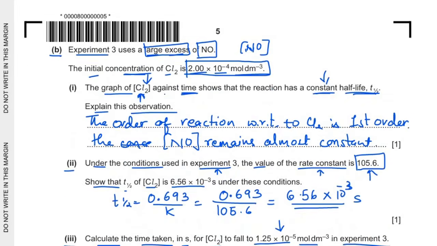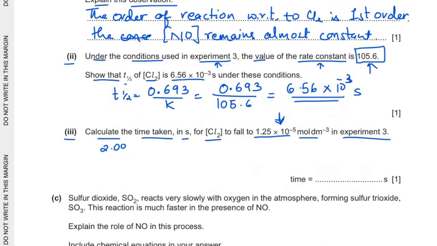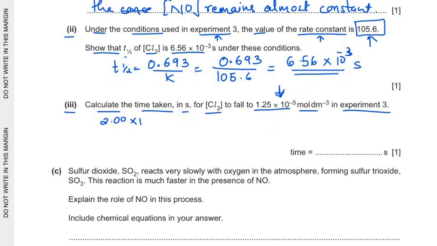Now you can understand that it has fallen from 2.00 × 10^-4 to 1.25 × 10^-5. So it has decreased 4 times.